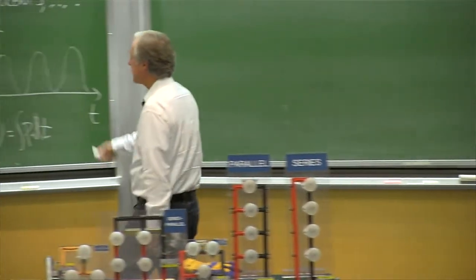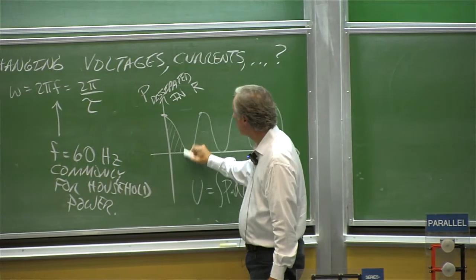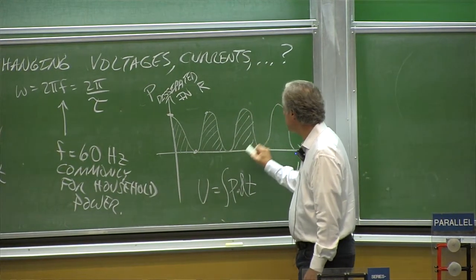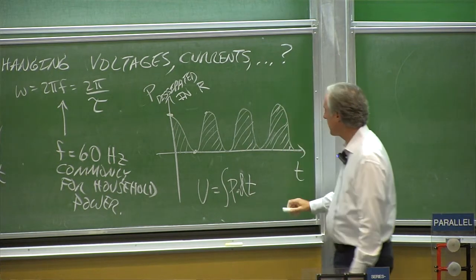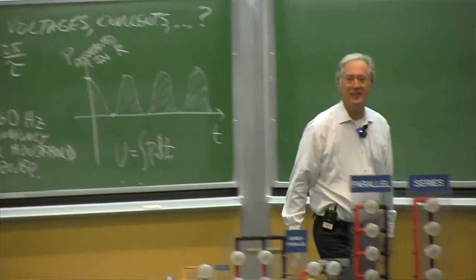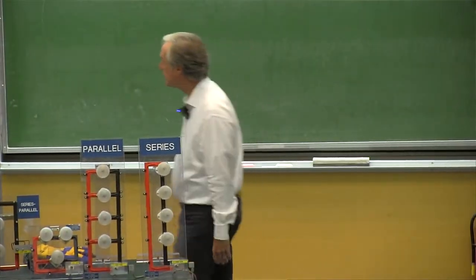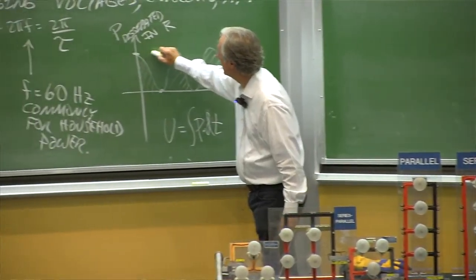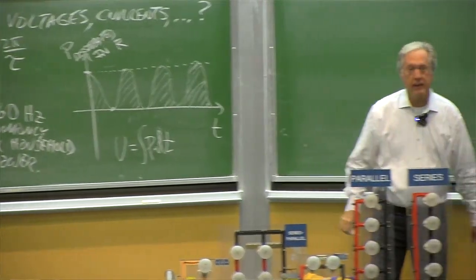So if I start thinking about looking at the power here, isn't this the area under the curve? And doesn't that represent U? Right? So the area under the curve is U. Now let's just take a look at this picture. Here's the maximum power that's dissipated. Okay.